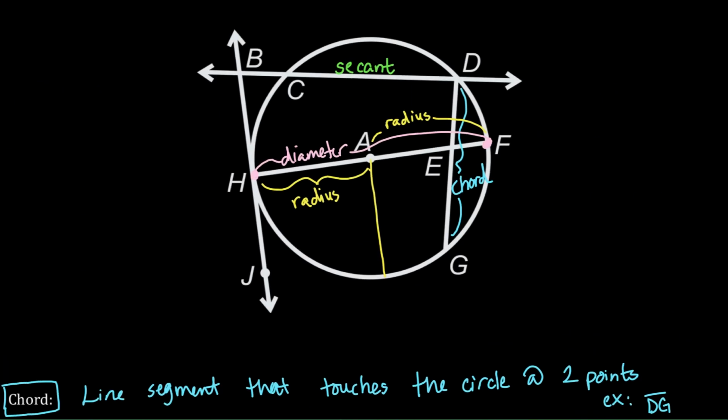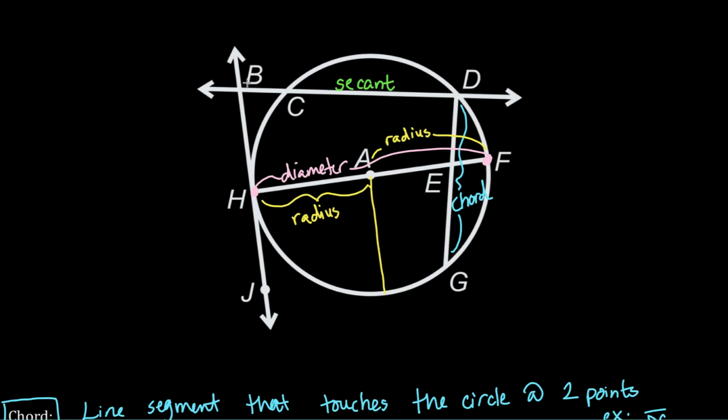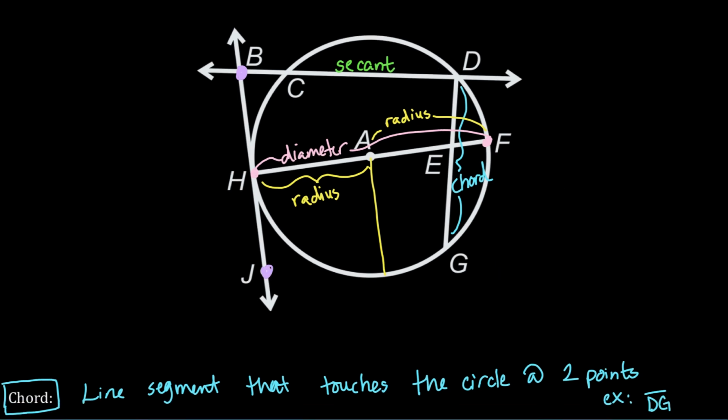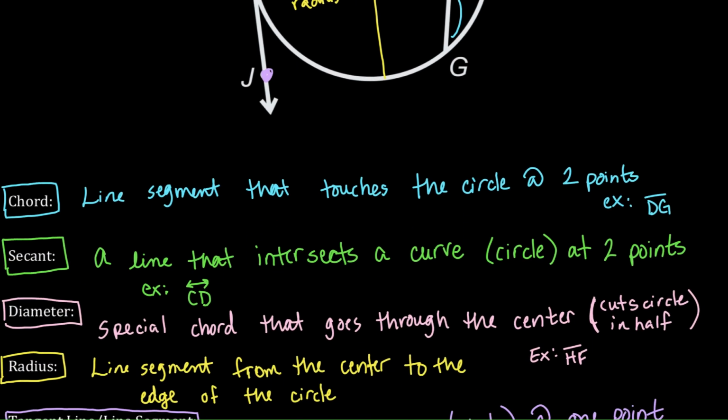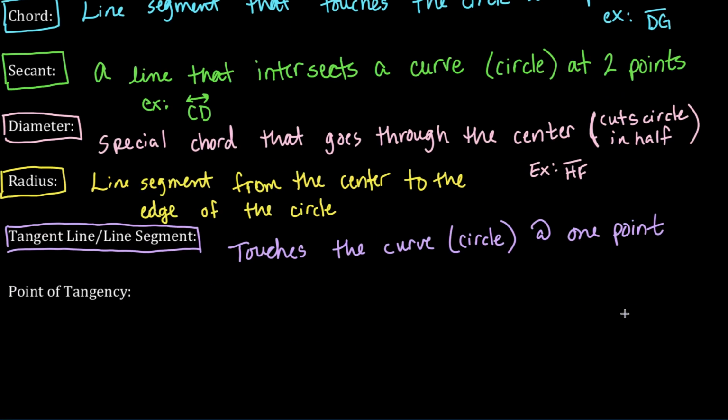So an example of that would be BJ or JB. Let's see, JB. So an example would be segment JB.